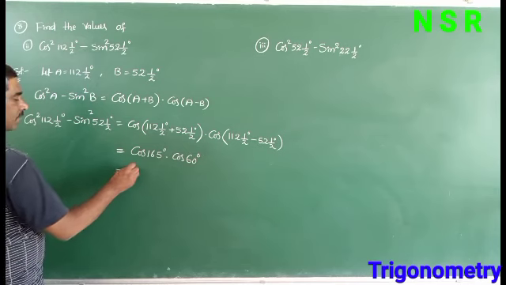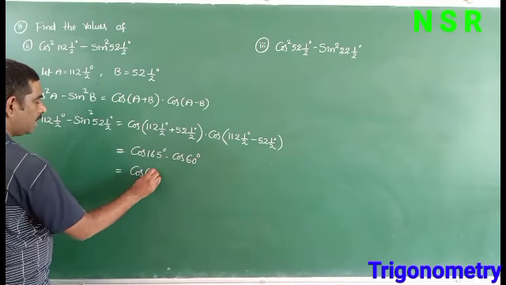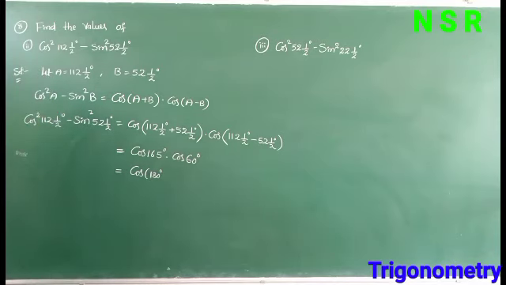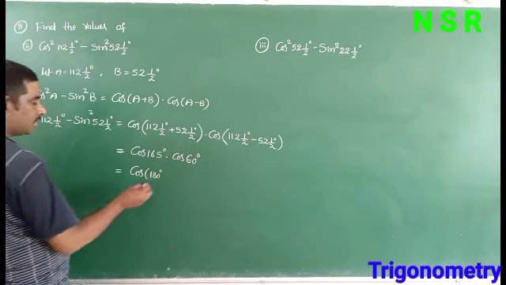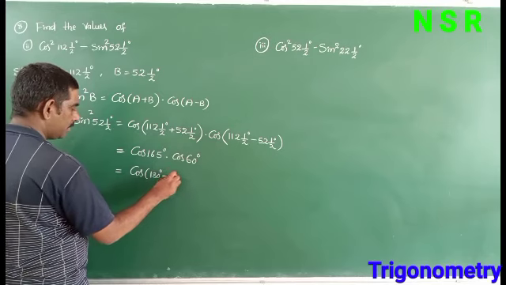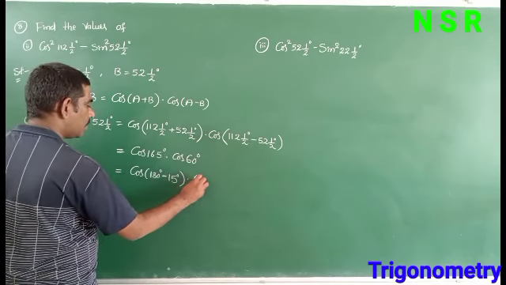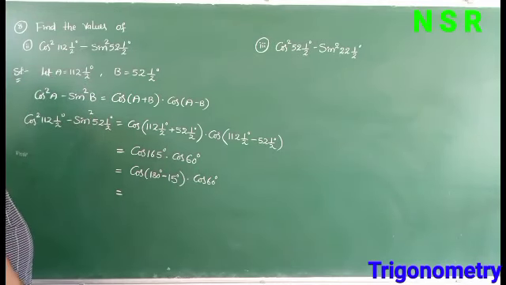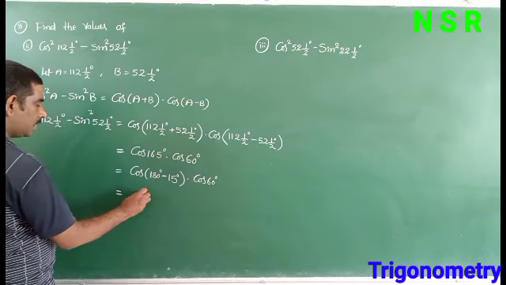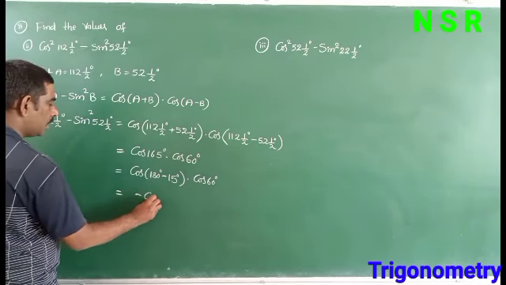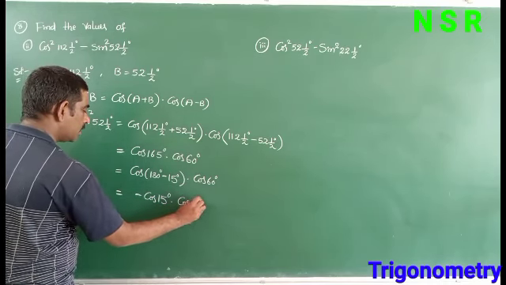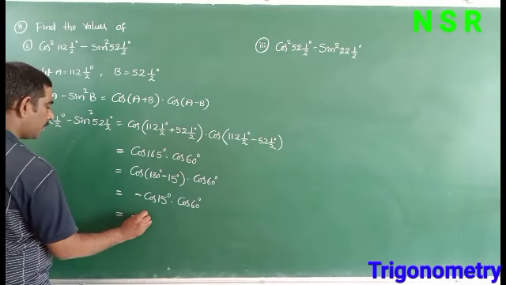So cos 165 we can write as cos of 180 minus 15 into cos 60. Cos of 180 minus theta: 180 minus theta is in the second quadrant, where cos is negative. So we get minus cos 15 into cos 60.